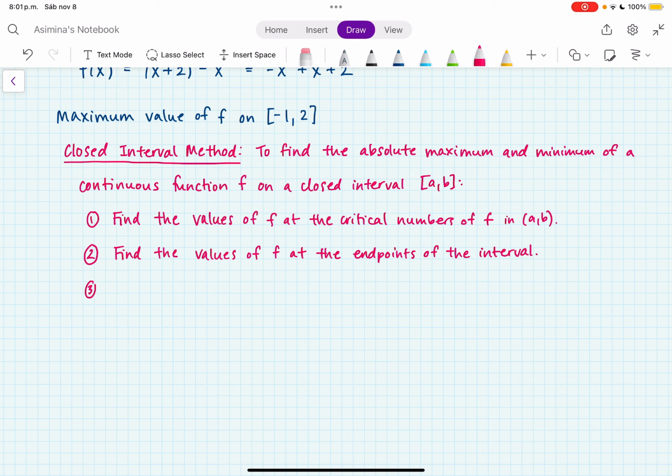Part 3 tells us that the largest of the values from parts 1 and 2 is the absolute maximum of f.